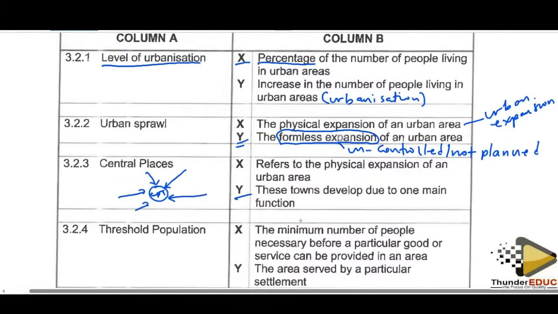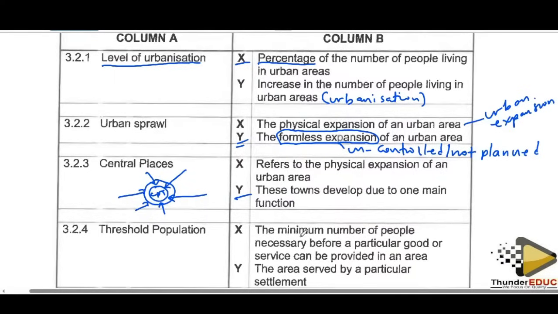All these areas will be converging to get education from this central place, because the dominant function is education. That's why we refer to it as a central place, serving the surrounding areas with education.